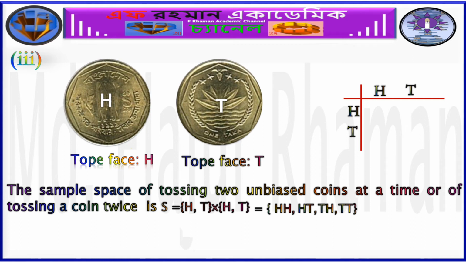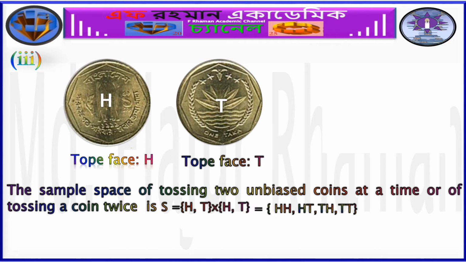And then write H is HH, HT; T is TH, TT. From this diagram, we can easily write the sample space. The sample space can also be written down by drawing the probability tree. I will certainly discuss the probability tree in our next class.